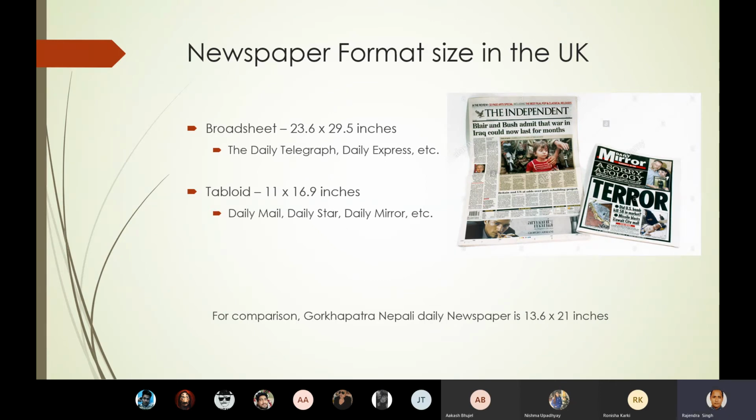You can find on the slide there a tabloid paper next to a broadsheet paper. It looks kind of tiny, right? Examples would be Daily Mail, Daily Star, Daily Mirror, etc.